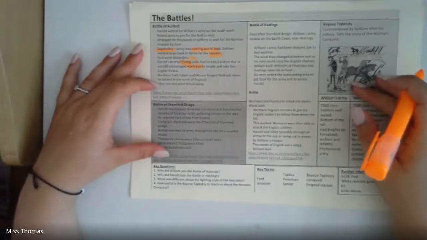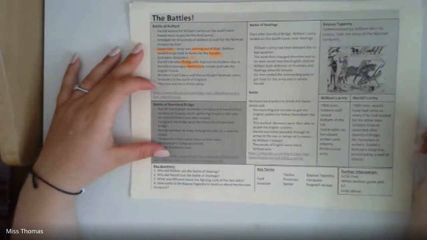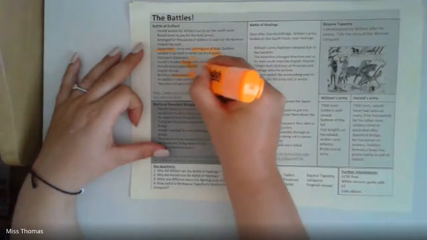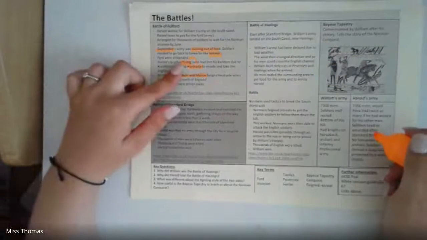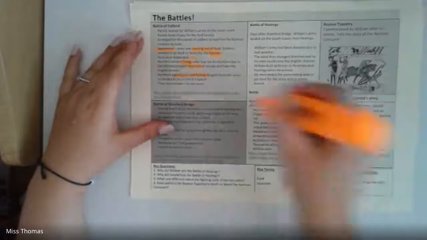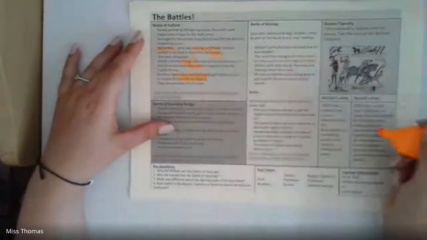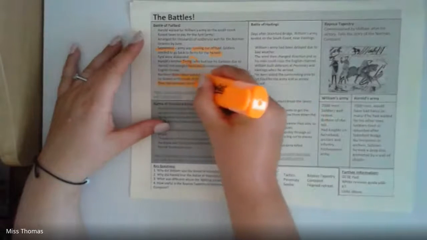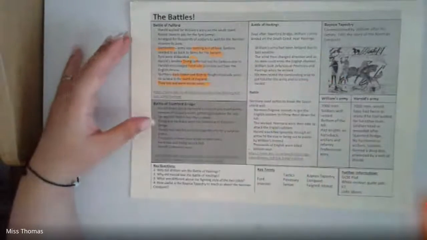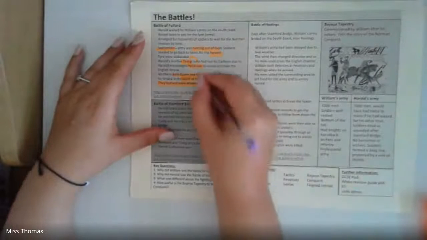The northern earls, Edwin and Morcar, fight against Hardrada when he landed in the north of England. So again, Edwin and Morcar fight against Hardrada, who has the support of Tostig Godwinson in the north of England. Consequently, they lose and they are driven away. Now, when I say they lose, we are talking about Edwin and Morcar.